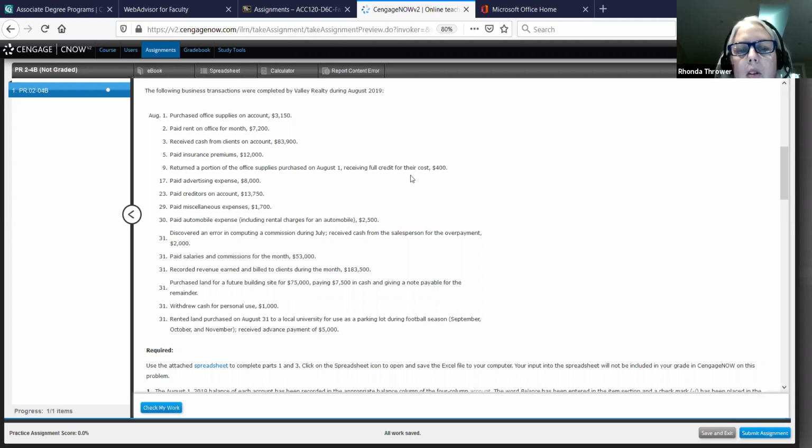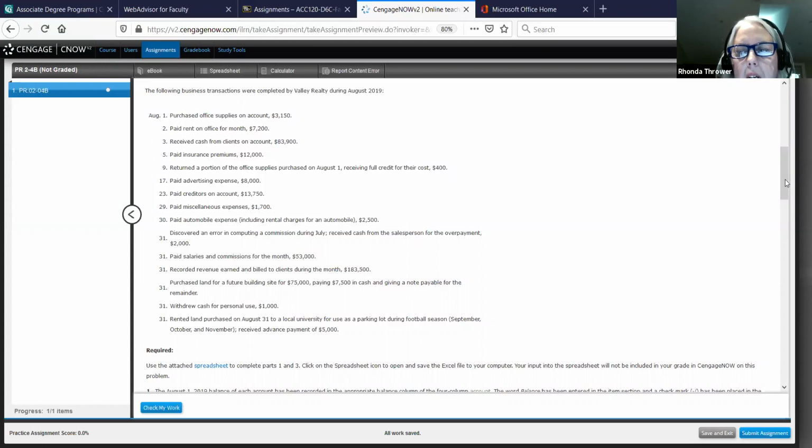So we're going to return these to the store or the company that we bought the supplies from. We're going to send them back, in other words. So the store is going to take back the supplies, and in return, they will give you credit toward that accounts payable that you originally owed on August the 1st.